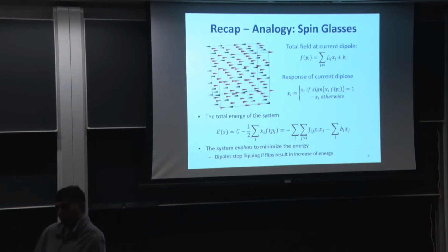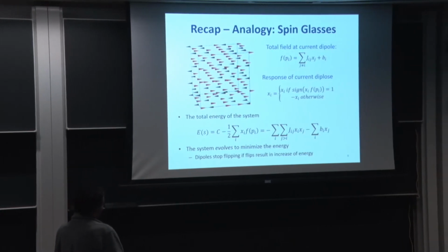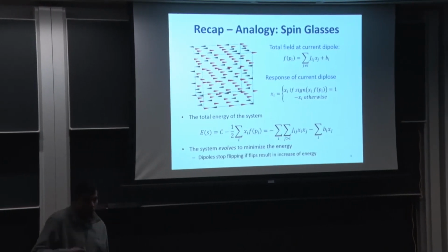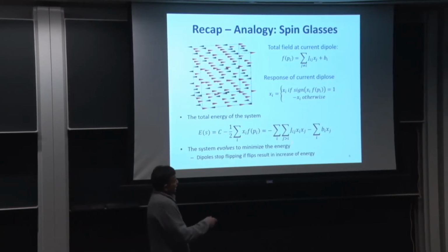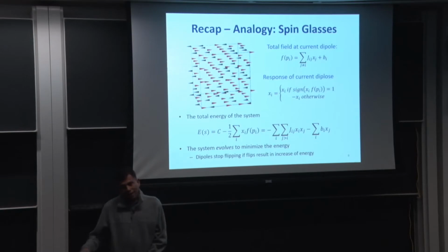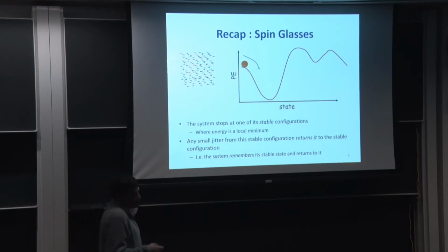And so over the entire medium, the energy is simply the negative of the sum over all pairs of dipoles of the weighted products of the dipoles, where this weight Jij depends on the medium, the distance between the dipoles, and other factors, plus an extra term, which is the contribution of an external field, right?